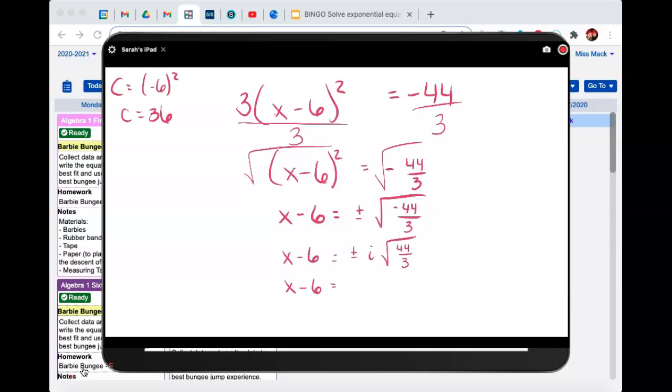So we have what is called the quotient property. So I can split the radical to both the numerator and denominator. And I need to simplify this. So problem number 1, I have a radical in the denominator, which is no good. Problem number 2, I can simplify the square root of 44.